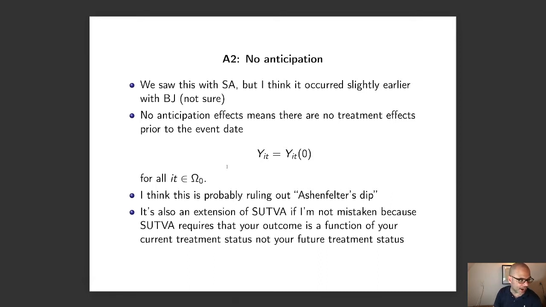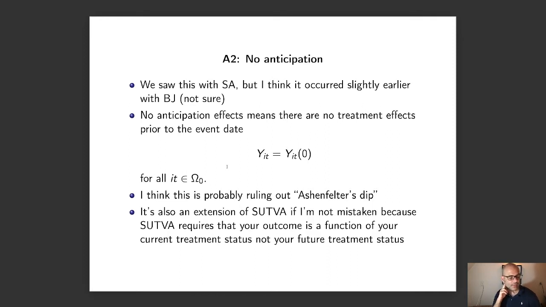Imagine a PhD student gets a job in March and then starts in the fall. They might go ahead and start making purchases now to get ready for the fall and then just pay it back when they get their first paycheck. That kind of consumption smoothing type of behavior is being ruled out.